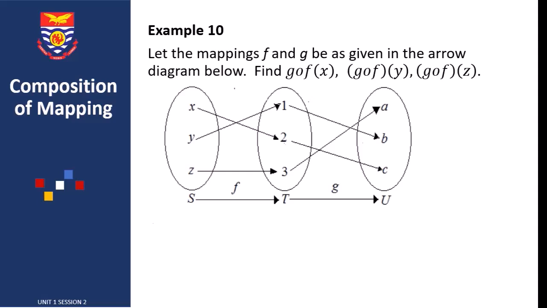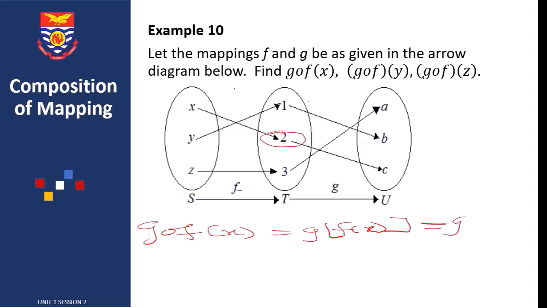So let me write it here. g of f of x is the same as g put inside f of x. I go to the diagram: x maps to 2, then g of 2 maps to c, so I can say that it is c.